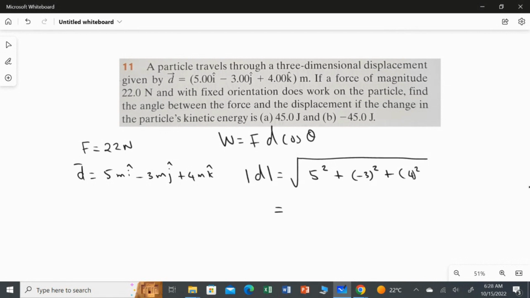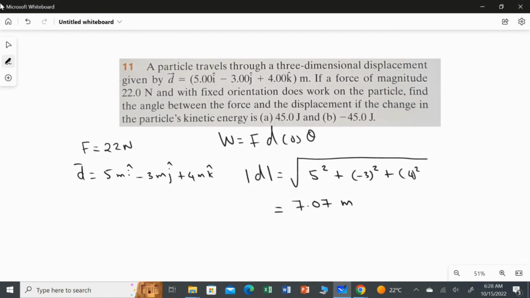Clear? So the square root of 5 squared plus minus 3 squared plus 4 squared gives the answer of 7.07, and the unit for the displacement is meter.